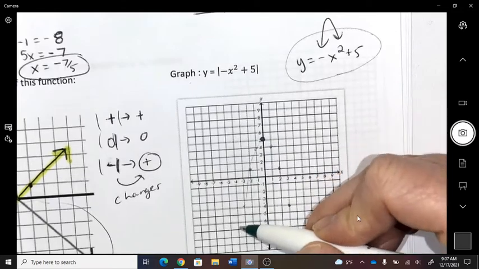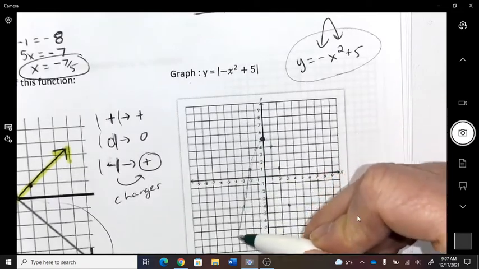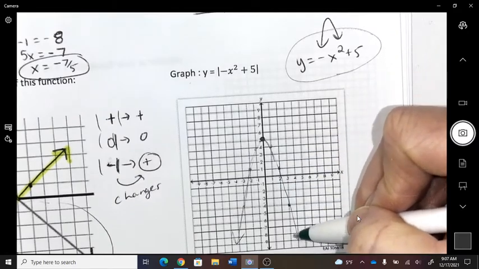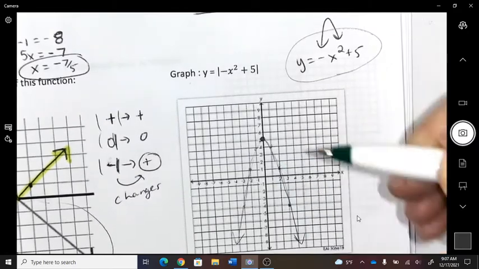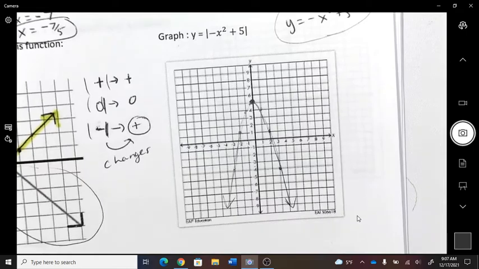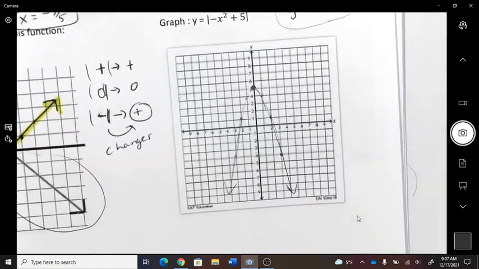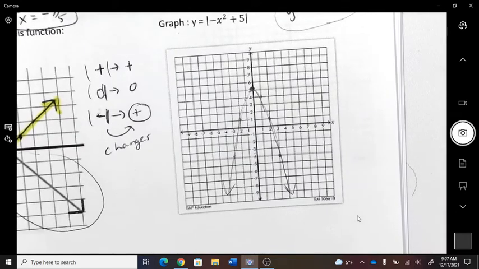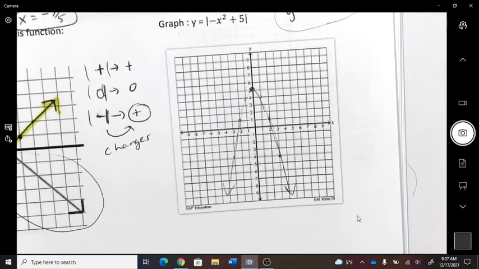Like I said, I'm gonna just draw this light. Okay, so downward parabola.